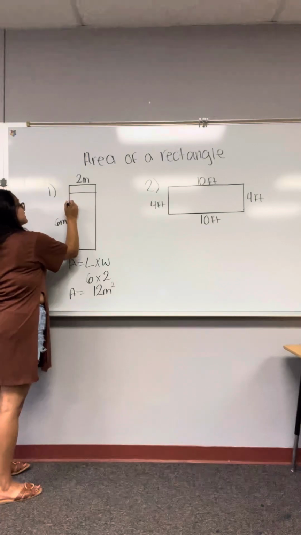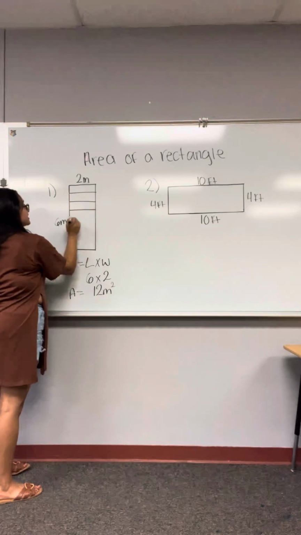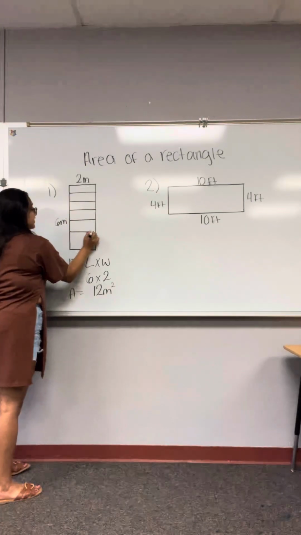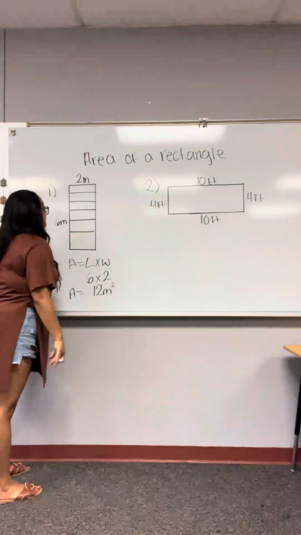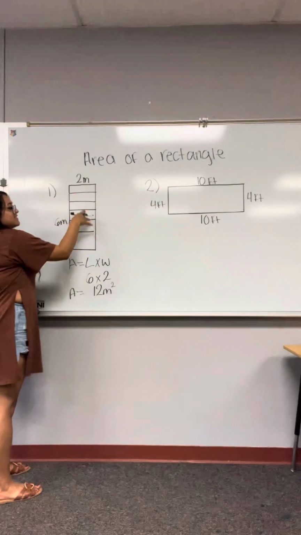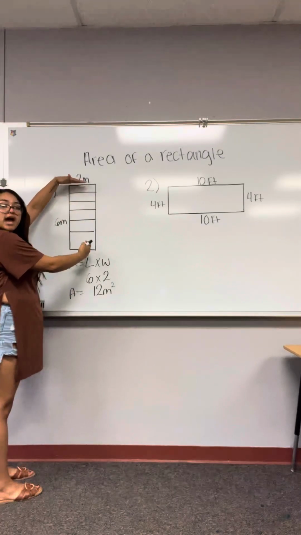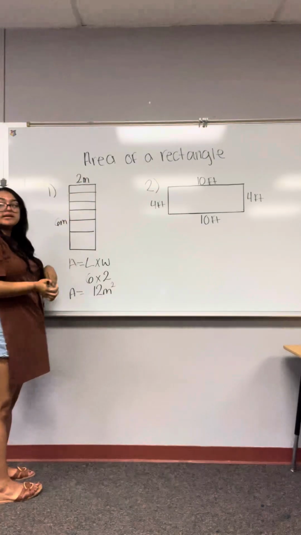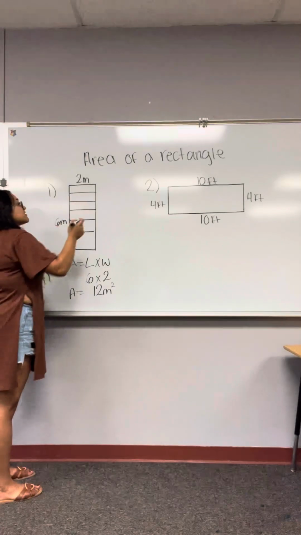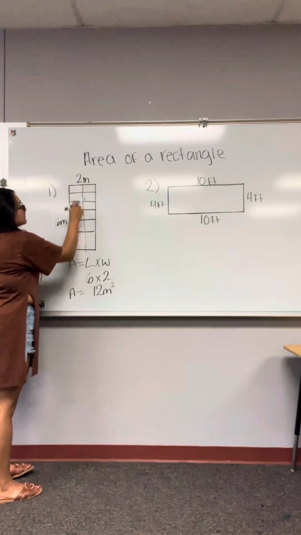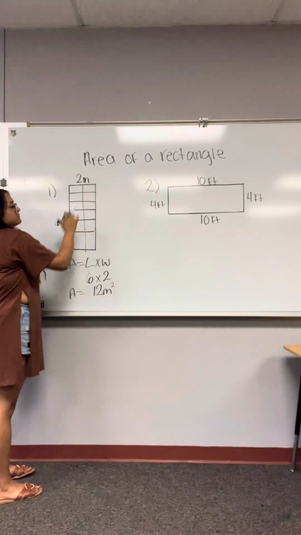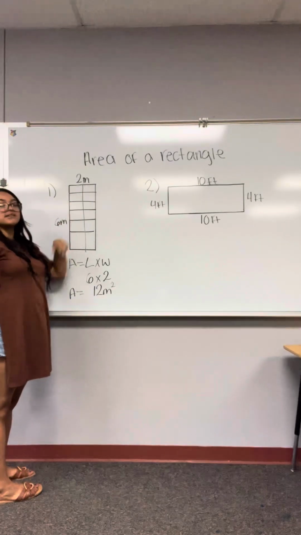That's 1, 2, 3, 4, 5, 6. That one was a little bit bigger, but it's okay, as long as I have 6 boxes. And going this way, how wide it is, is 2 meters. So now I'm just going to create 2 boxes: 1, 2. So now I have 2 boxes.